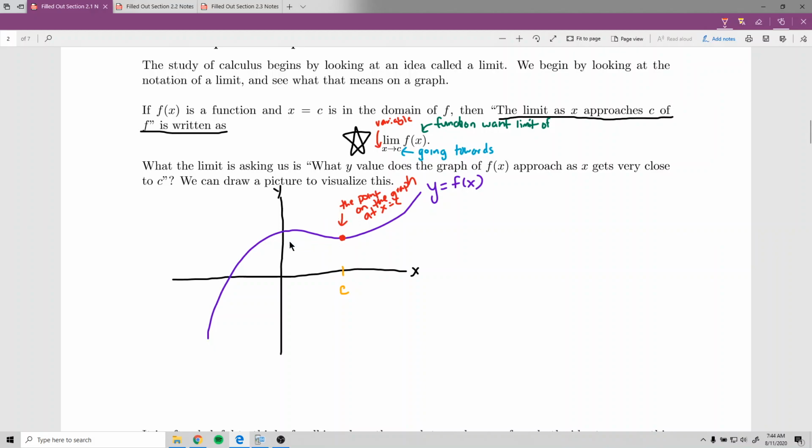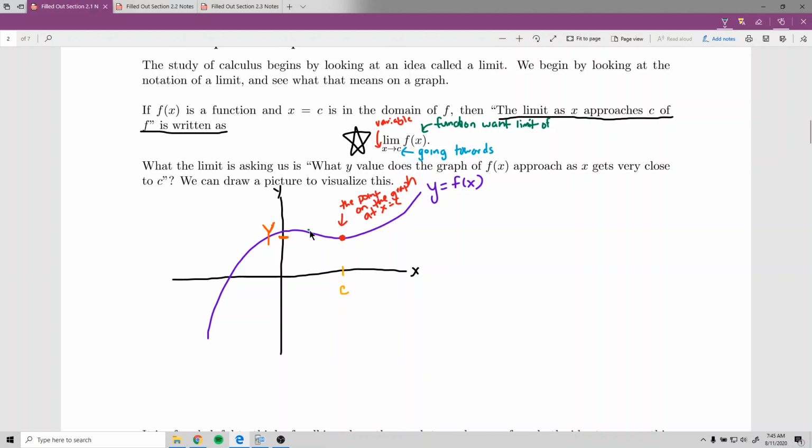And what I need to go along with this is the y value, which I'm just going to call, let's say, capital Y. Not important what this is called for now. Okay, but what the limit is asking us is, as we walk towards this point, what's the number here?